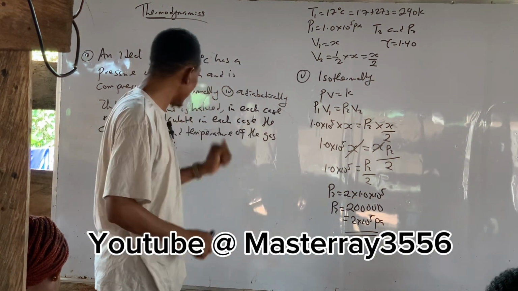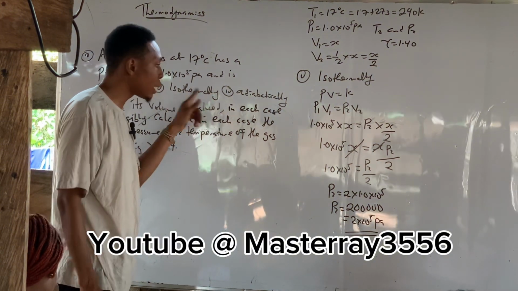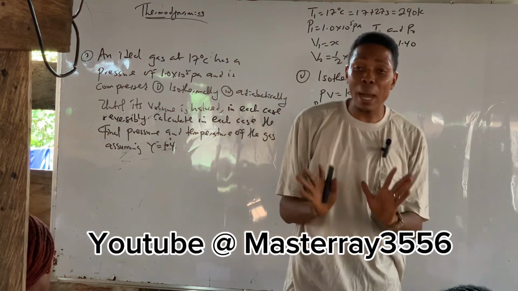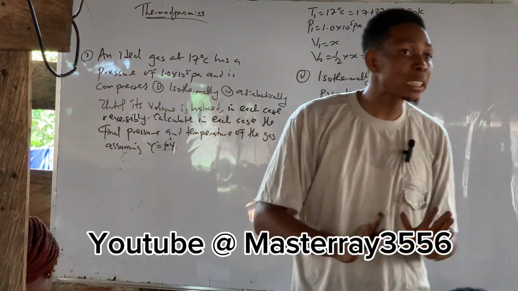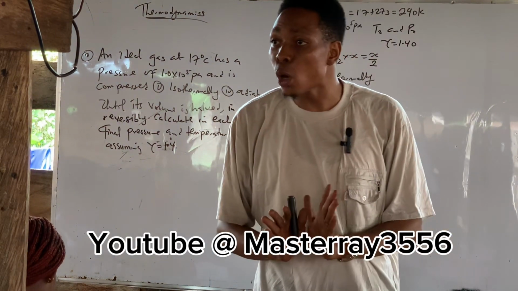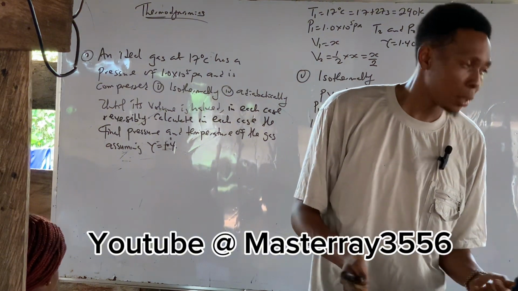T2. Because you are asked to look for the final pressure and temperature in each case, both in isothermal and adiabatic. Don't forget, isothermally, I told you that temperature is constant, is it not? Isothermally, temperature is constant.